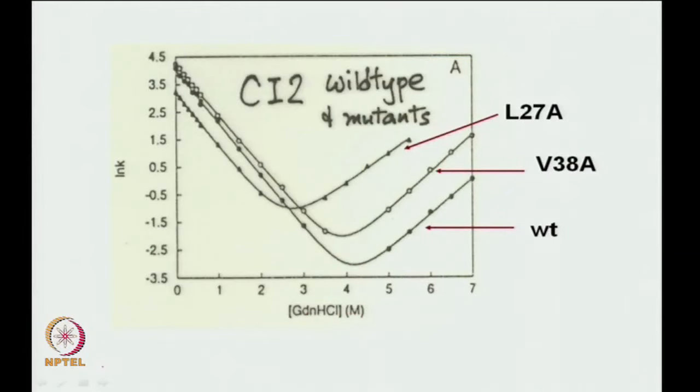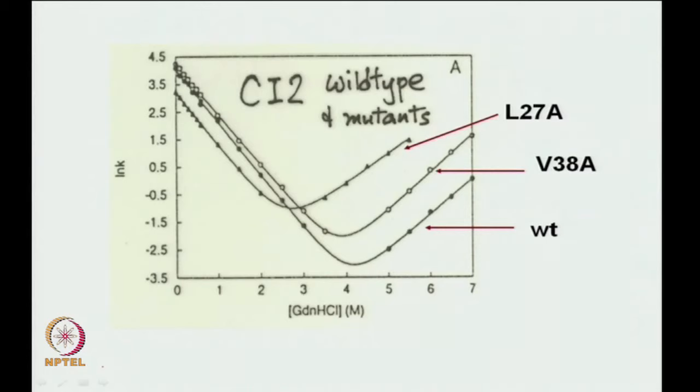Okay. Let me give you an example. This is for chymotrypsin inhibitor 2. Remember we talked about this with regards to the nucleation condensation mechanism and the phi-value analysis. So, see what happens. This is the wild type, that means you have not done any mutation. These are 3 different chevron plots of 3 proteins.